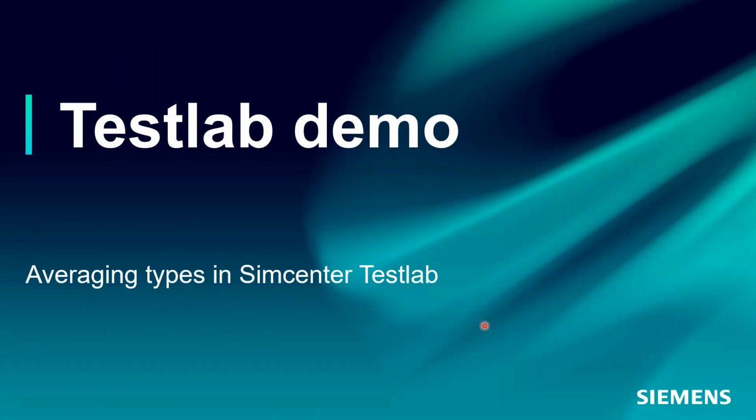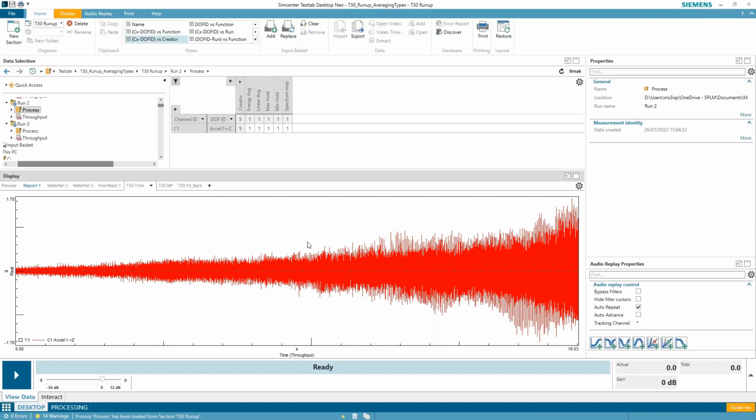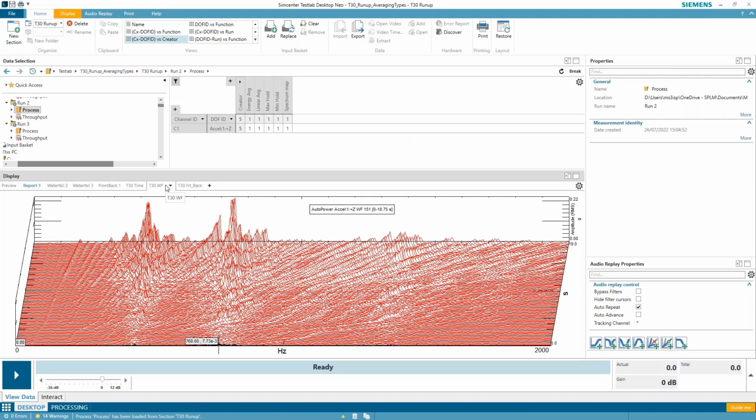So now I'll show you some stuff in TestLab. If I look at this waterfall that we've been looking at, we see the amplitudes are increasing as I go forward in time. We're getting toward the back of our waterfall here, and the amplitudes are increasing at least at several of the frequencies.